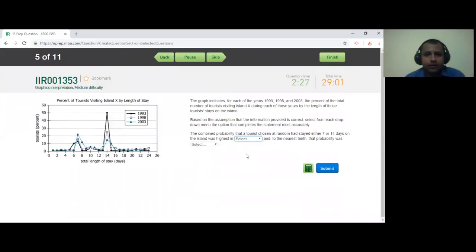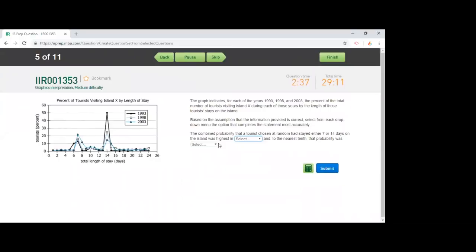Right. So anybody down with the analysis or any inputs? If we look at the year 1993, we see that there's a spike during those 7-day stays and 14-day stays.